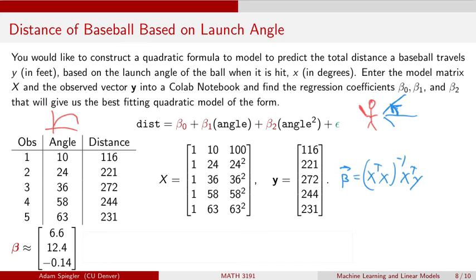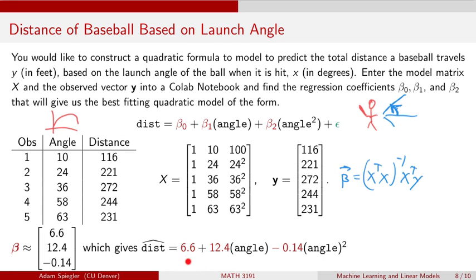So this gives us the following model, that the predicted distance is equal to 6.6 plus 12.4 times the angle minus 0.14 times the angle squared. And then we can use this model, similar to how we've used previous models. So if I know that my launch angle is 40 degrees, then what is the predicted distance that the ball is going to travel, for example?